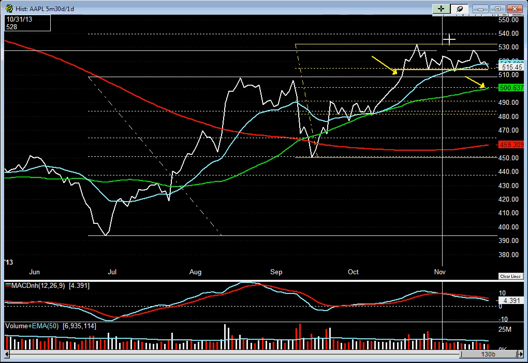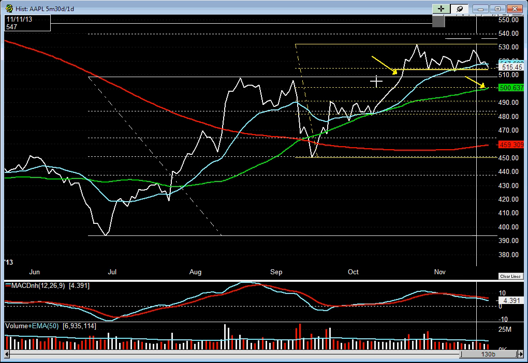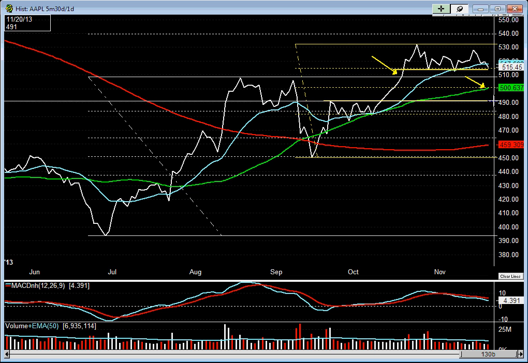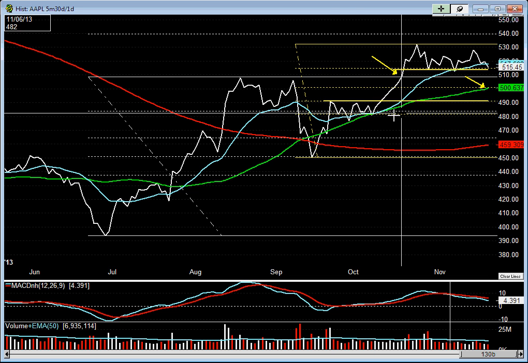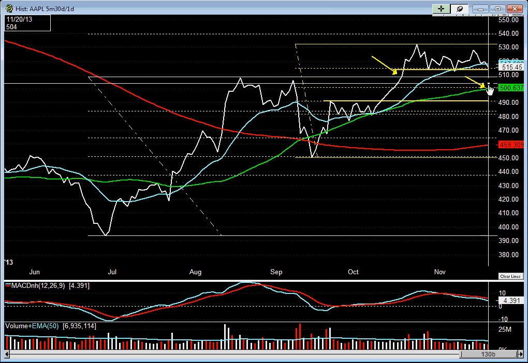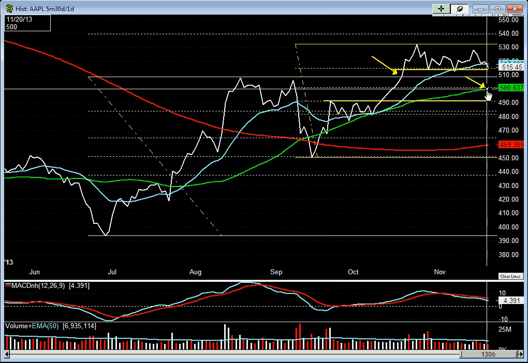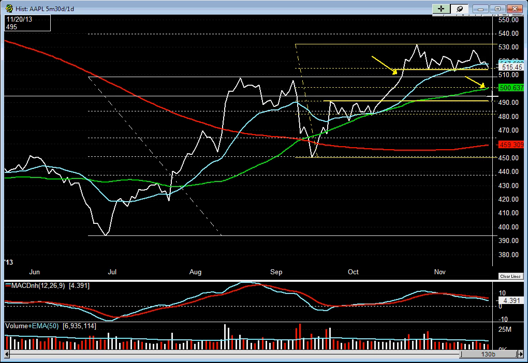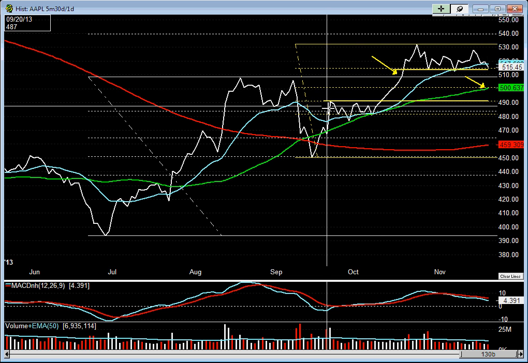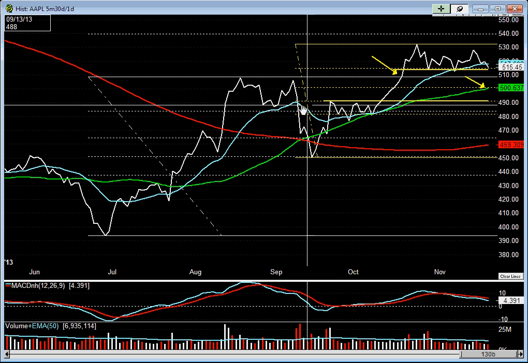You can see this is the 50% level, somewhere around the 491. So that could be the next level of support. If it comes down and can't find buyers at the 500 level, the next level is somewhere around this 490, which is around this cluster area here.